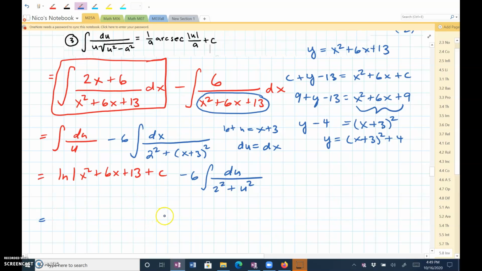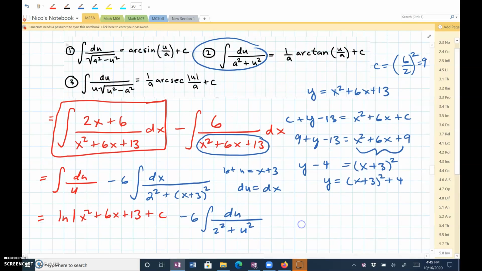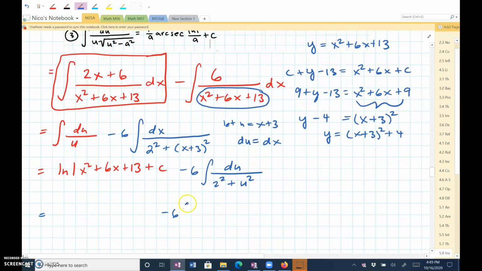And then this would become minus 6. And then it's going to be this rule here. So it's going to be minus 6, and then times 1 over 2 arc tangent of u, which is x plus 3, over a, which is 2, plus c.